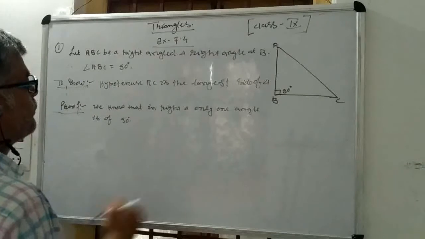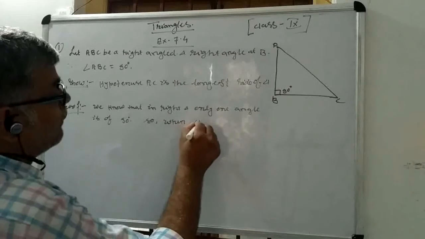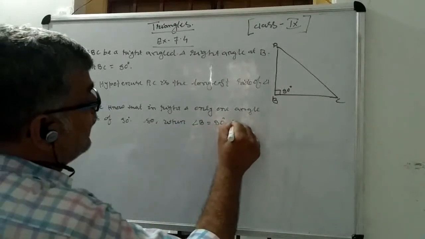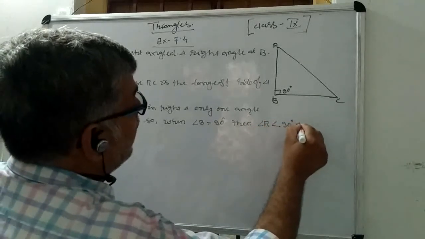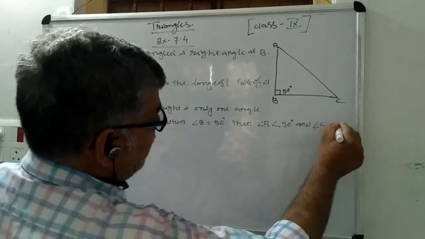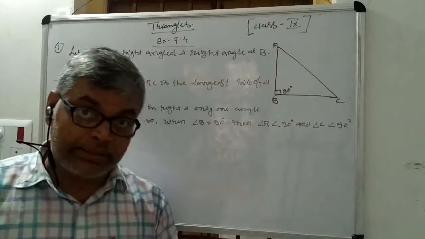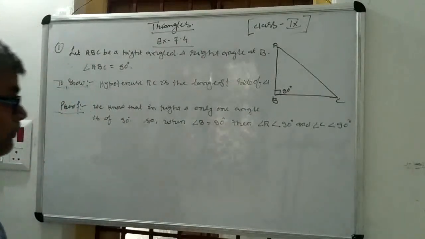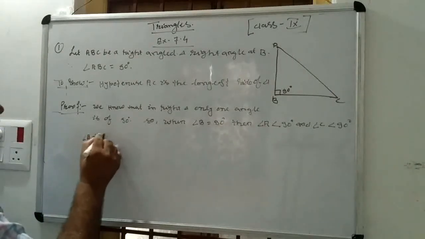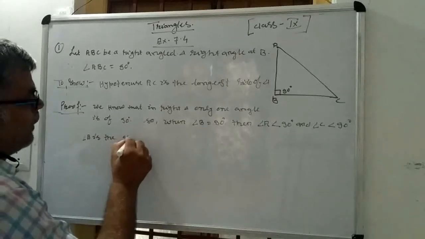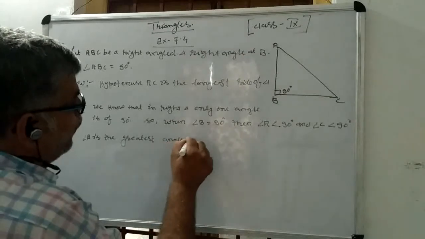So when angle B equals 90 degrees, then angle A is less than 90 degrees and angle C is also less than 90 degrees. It means that angle B is the greatest angle of the triangle.